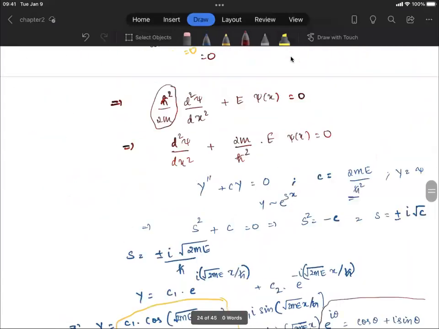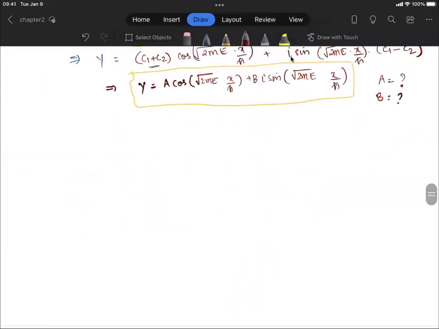So we can assume that I'm going to replace y with psi because it's actually psi. This is psi 2 because it's the wave function inside the box.